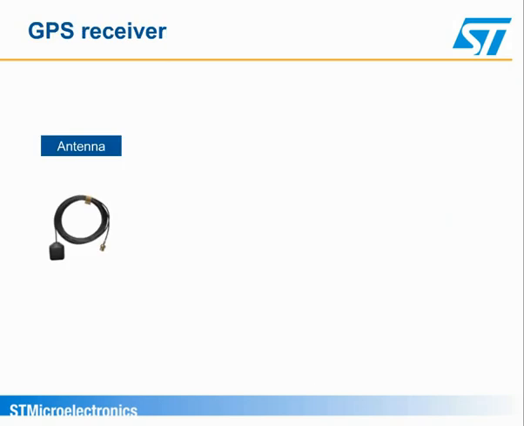Let's look at ST Microelectronics' GPS receiver architecture. First of all, we have an antenna, which is usually a patch antenna, usually a ceramic plate with metallized surfaces similar to a printed circuit board. The size of the patch antenna can vary and is normally in the range of 2 by 2 centimeters or 3 by 3 centimeters.